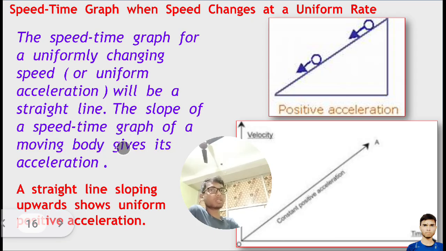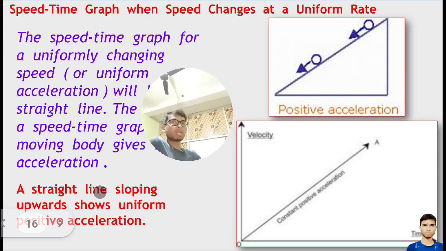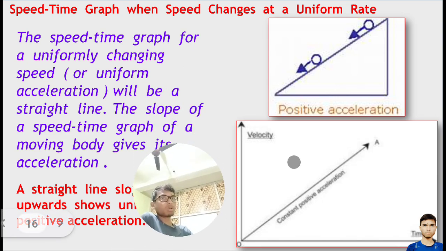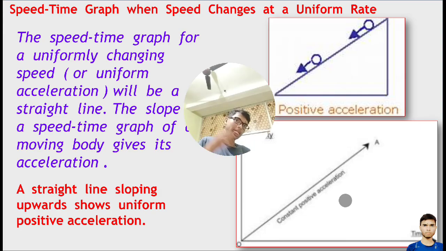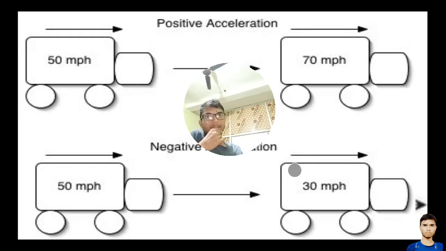The slope of a speed time graph of a moving object gives its acceleration. A straight line sloping upwards shows uniform positive acceleration. Clear? This slide was about positive acceleration.